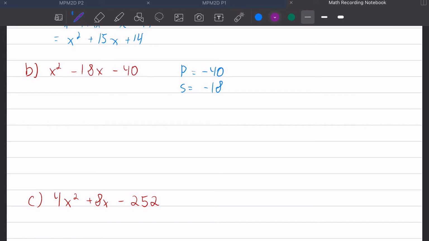So when we set this up, you can already start putting a negative in one bracket and a positive in the other. Another hint for us is that we notice that our sum is also negative.